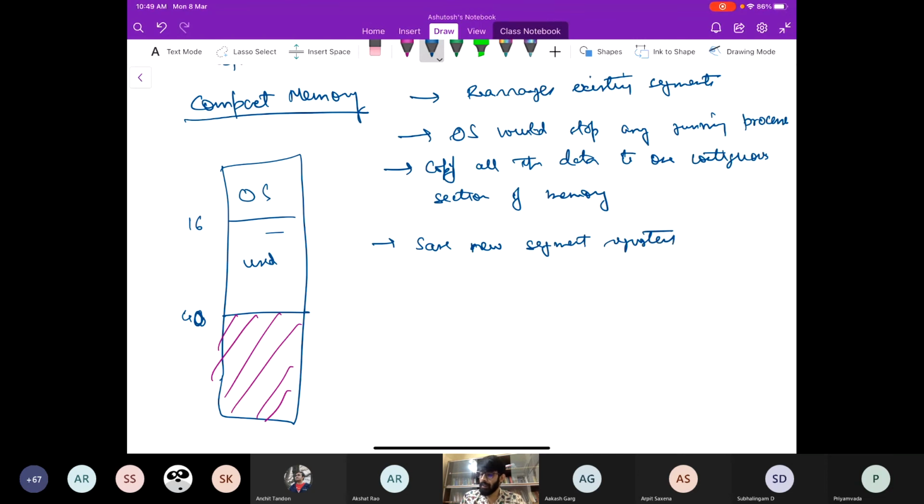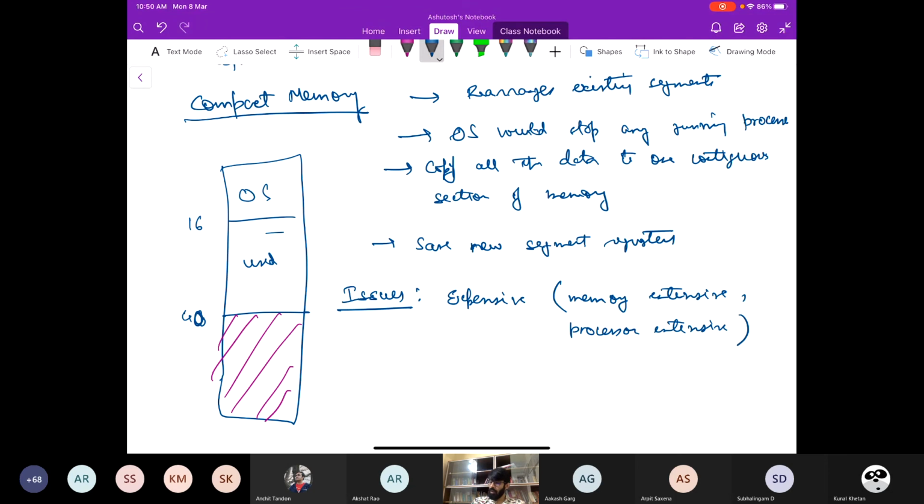But as you can guess, what is the problem with this? What if a segment had to grow after? Yeah, and also this is very expensive. It is memory intensive, and generally also processor intensive because you have to move a lot of things.